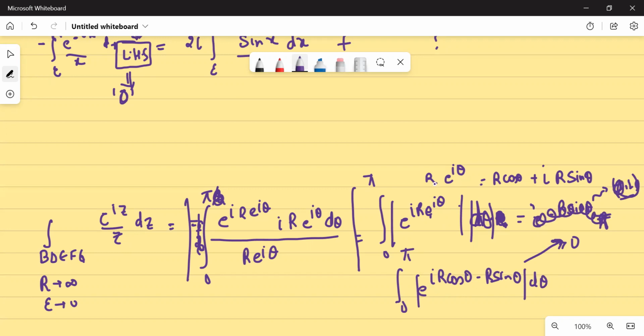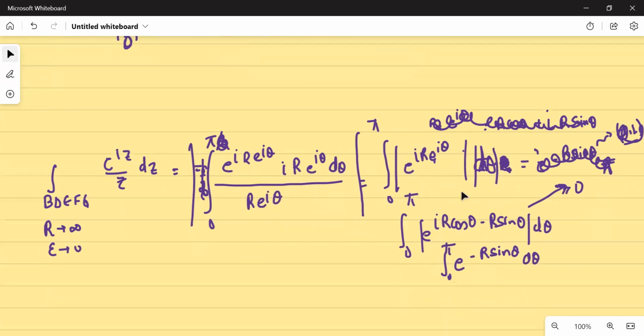Okay, so it is clear till here. Now you see that this iota r cos theta mod will become 1, so you are left with e to the power minus r sin theta d theta, integration from 0 to pi. Okay, is that clear?